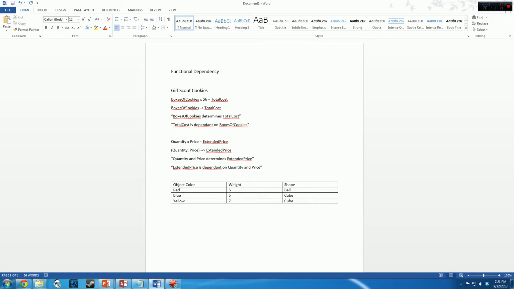A functional dependency is determined by answering a simple question. Is some value always the same when, I should say, attribute.